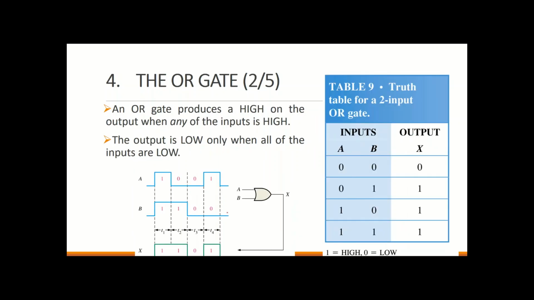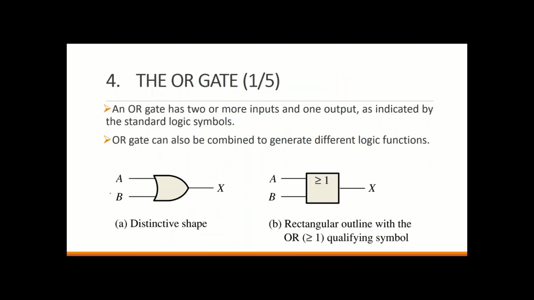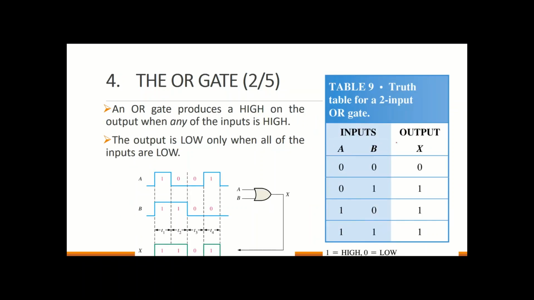Alright, the truth table for the OR gate. Let's take the simplest case, 2 inputs. It's exactly the same as AND. It needs at least 2 inputs. So we have A and B, 4 possibilities, again 0, 0, 1, 1 and 0, 1, 0, 1, and this is the truth table. I assume you are familiar with the concept of truth table. We explained it before, yet we are revising it now.